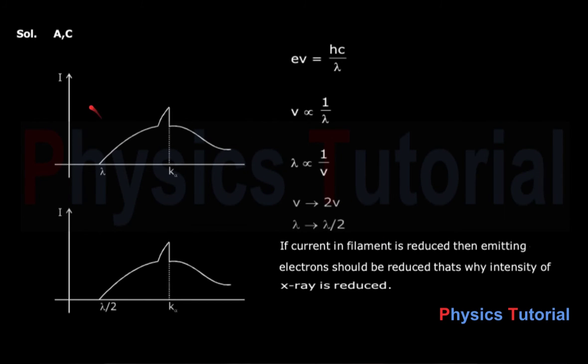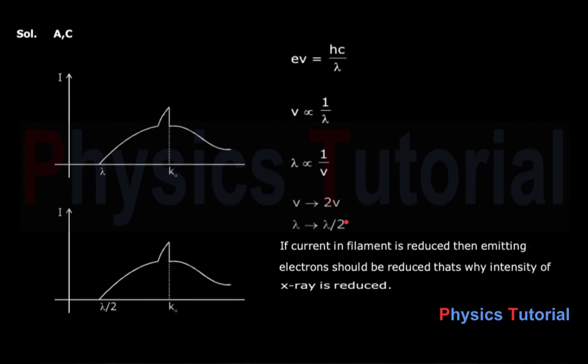Here, if you see, the graph between intensity and lambda. So here this is the lambda point from where the graph of X-ray is like this way, and this is the K alpha point. So energy is hc by lambda, and that is eV. So V is proportional to 1 by lambda, and lambda is proportional to 1 by V. So if V is 2V, then lambda becomes half.